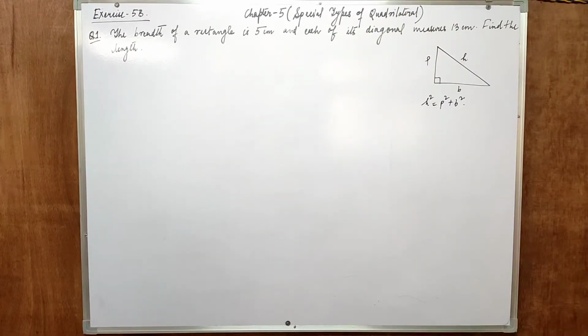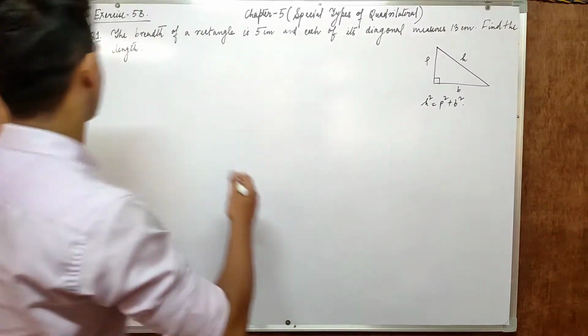That is question number 1. Here the breadth of the rectangle is given. So how do we write it?